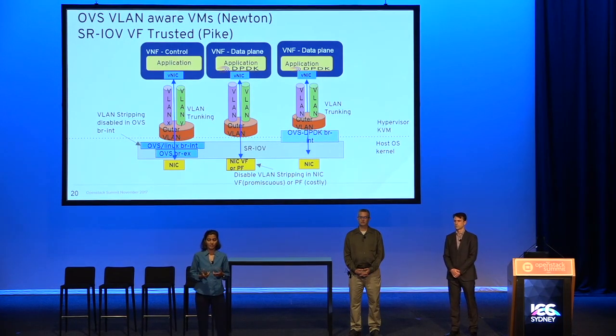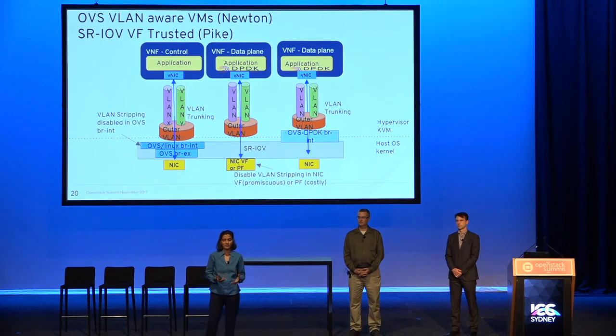And so the two features, just to reiterate, VLAN aware VMs for Newton and SRIOV trusted VFs coming in Pike are going to solve the VLAN stripping issues and allow you to send the whole VLAN stack directly to the VPE. And you can see over here that it's enabled for all three data paths.